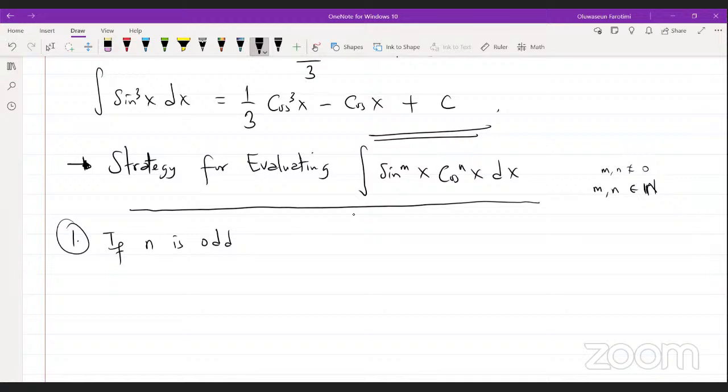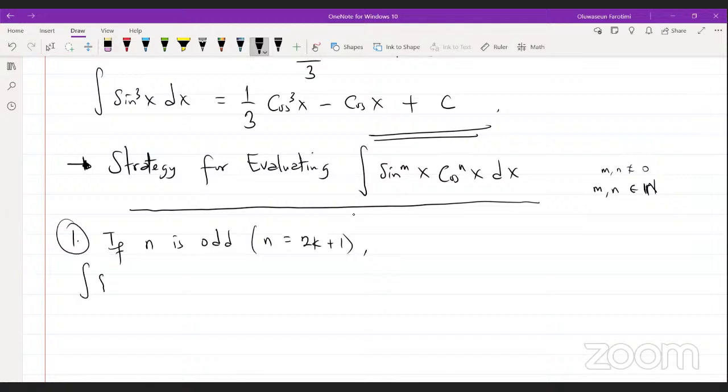What kind of numbers are odd numbers? You can write them as 2k plus 1. So 3 is an odd number; you can write 3 as 2 times 1 plus 1. So if n is odd, what's the implication, guys?